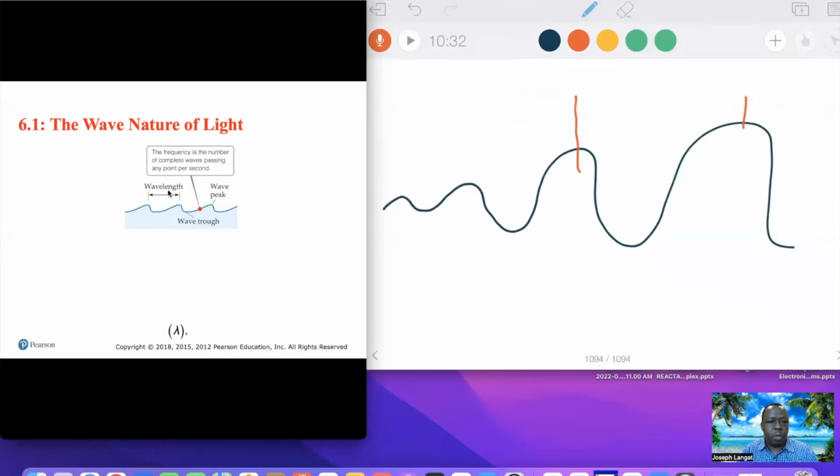Chemists use the symbol we call lambda, and it represents wavelength.